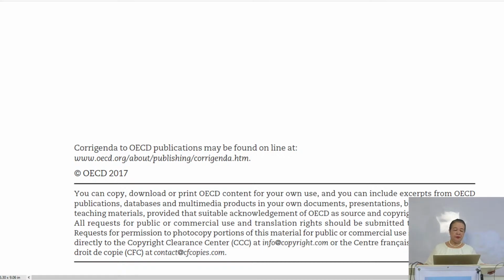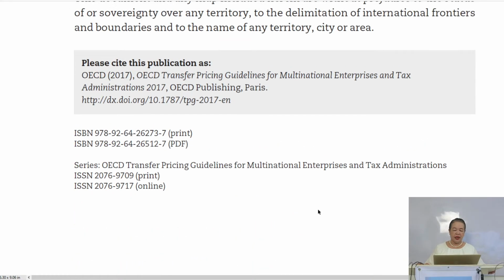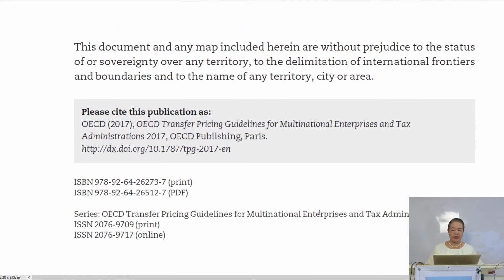The OECD Transfer Pricing Guidelines for Multinational Enterprises and Tax Administration 2017, published by OECD Paris.